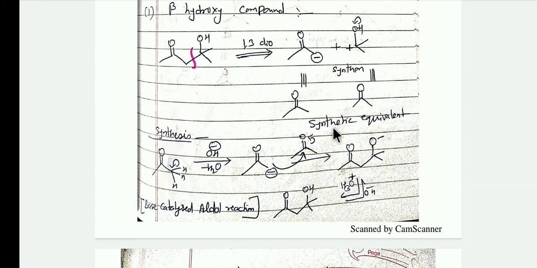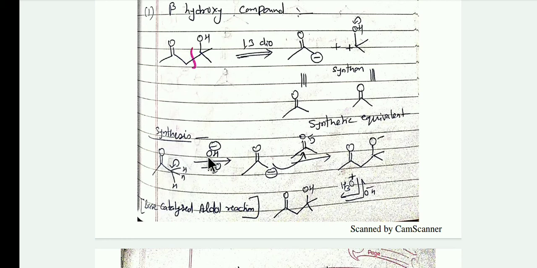By taking this synthetic equivalent, here we take CH3COCH3. On reaction of this starting material with base, the proton is removed from here, giving the electron to this carbon atom, so this carbon atom becomes negatively charged.